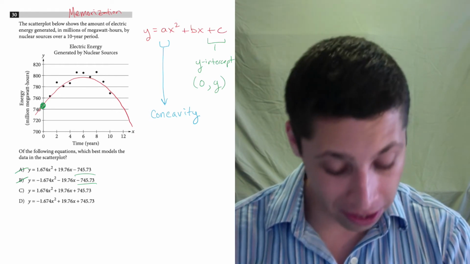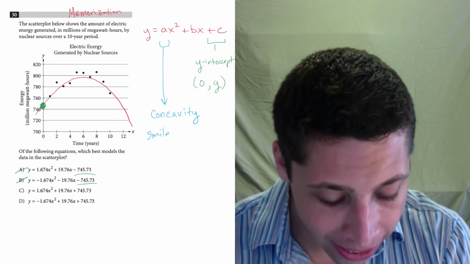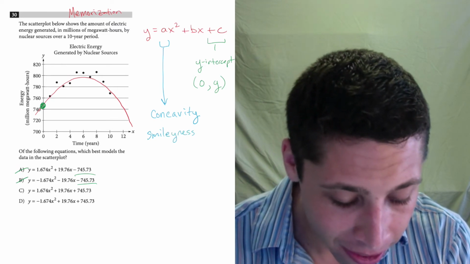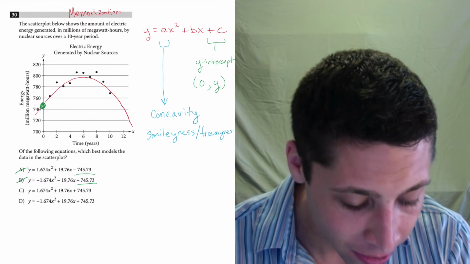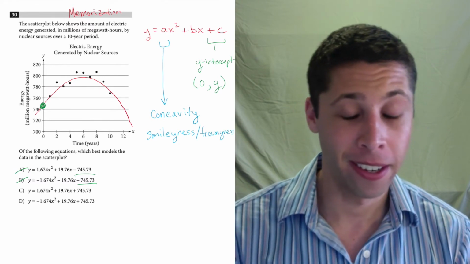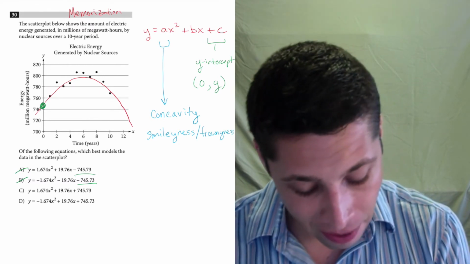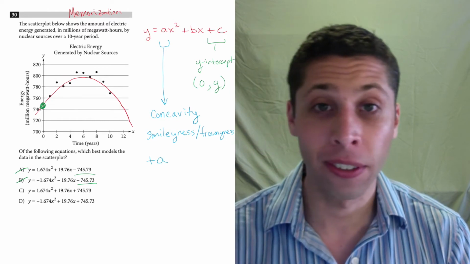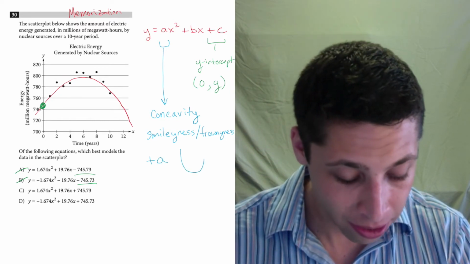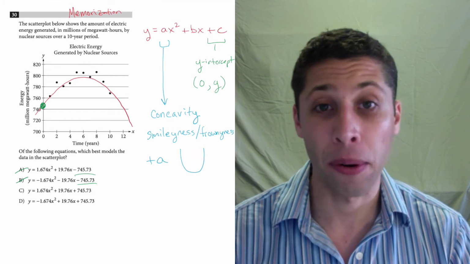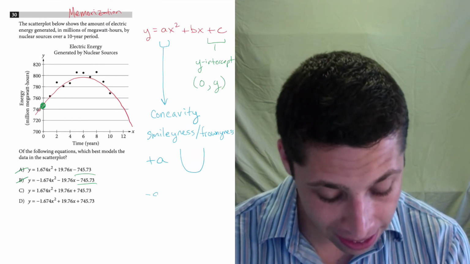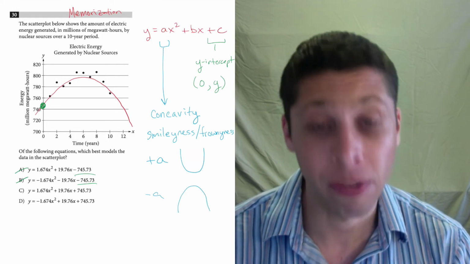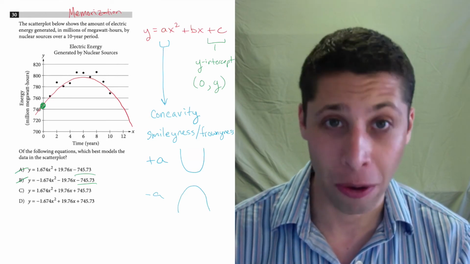A tells us the smiliness or frowniness of the parabola. So basically, if A is positive, you're going to have a smile, a parabola that opens up like a smile. If A is negative, you're going to have a frown, a parabola that opens downwards.